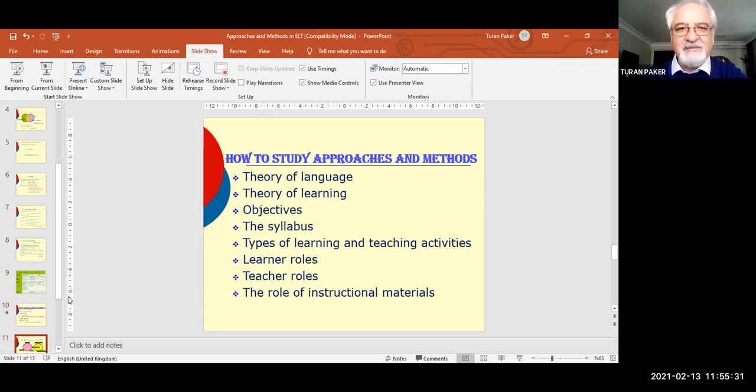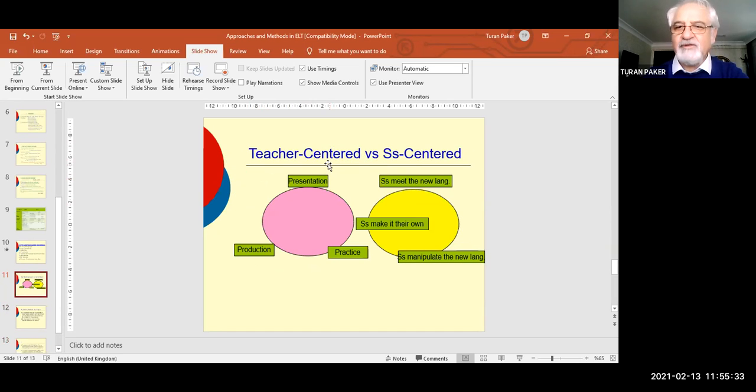Also keep in mind that we have mixed types of classrooms, from teacher-centered to student-centered. The teacher-centered one is the traditional one: the teacher presents something, the teacher makes the practice, the teacher asks students to produce, but still everything is under the control of the teacher.